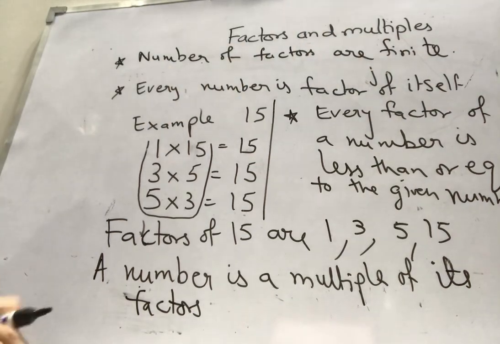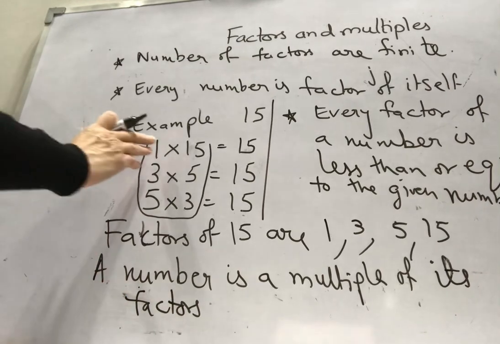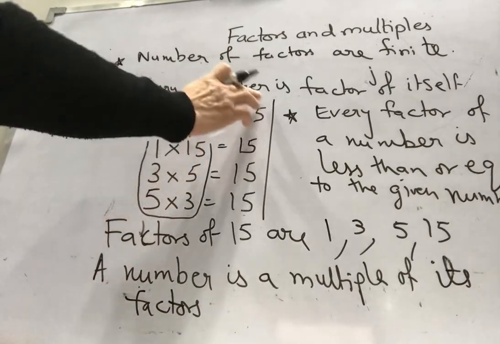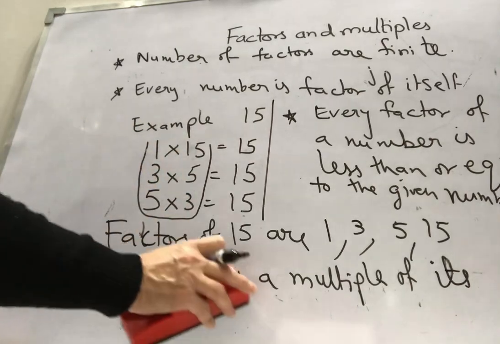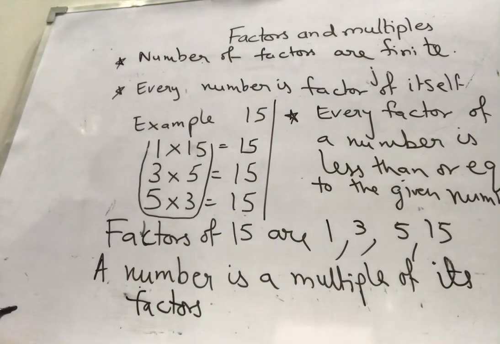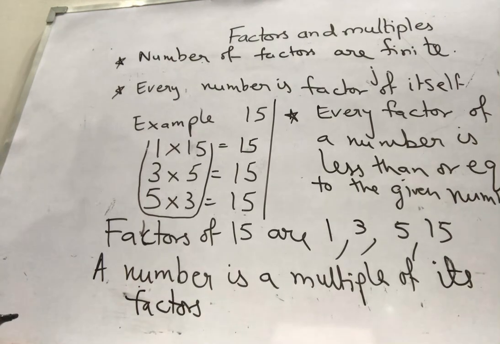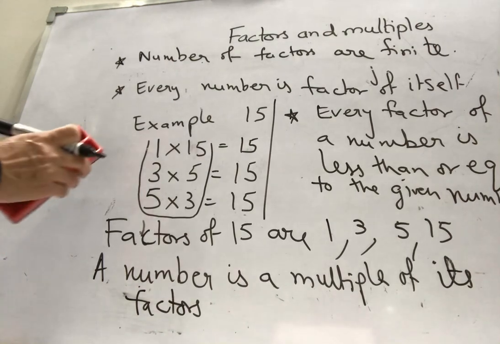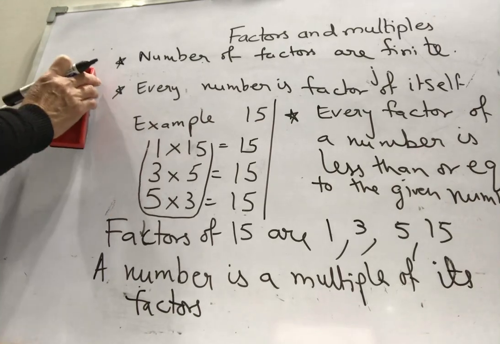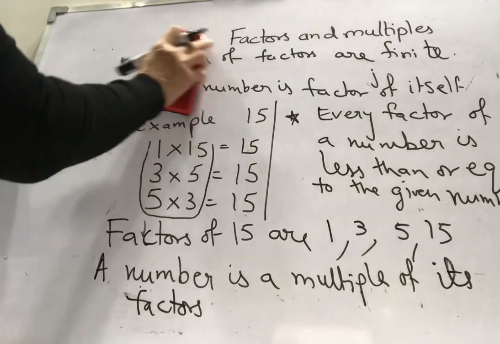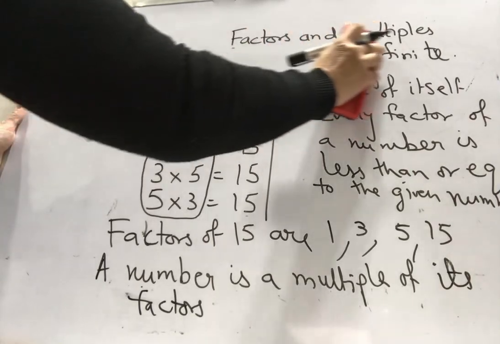Now let's talk about the multiple. Here these are the factors and the given number is the multiple of these factors. A number is a multiple of its factors. So in case a number is given and we want to find the multiples, we will check for multiples now.